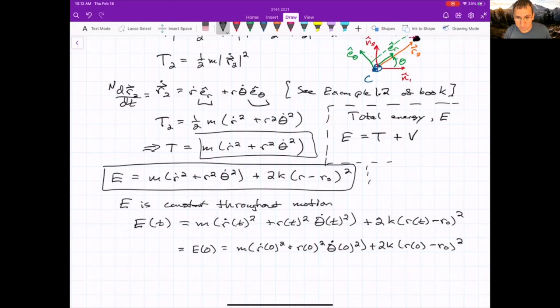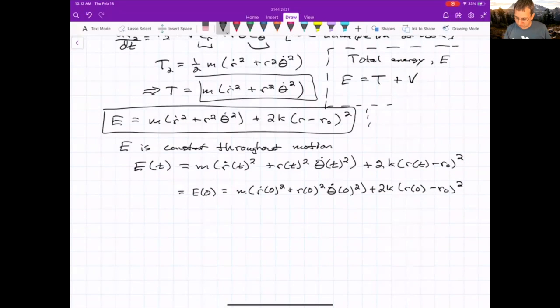What about, is there anything else that's conserved? Yes, there is. Angular momentum. And why is angular momentum conserved? We talked about the special case that if the total external moment is 0, then there's no change in the angular momentum.